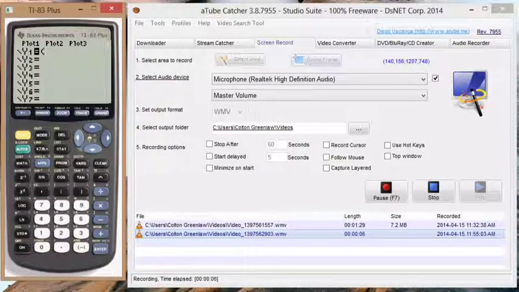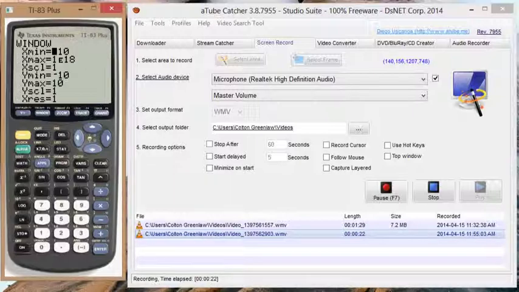We have 300 plus 40x, oops, not 41, 40x, divided by x. And I'm going to make x really large. There it is.